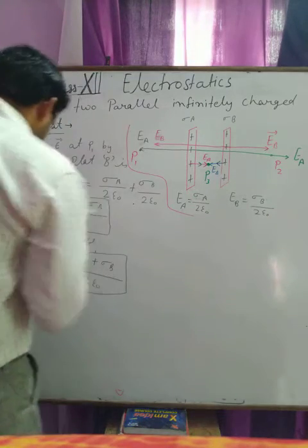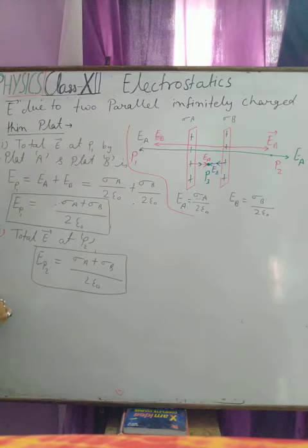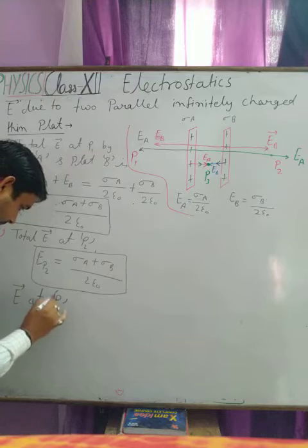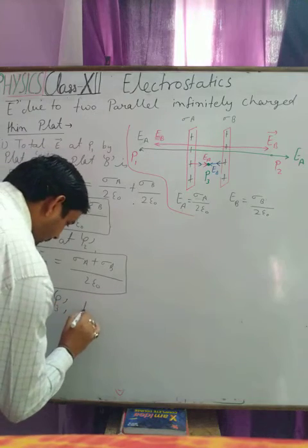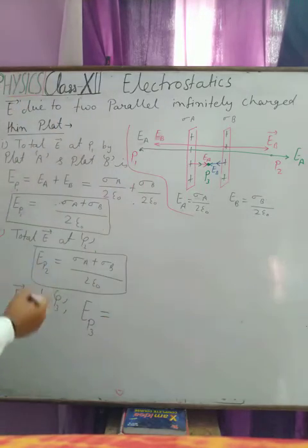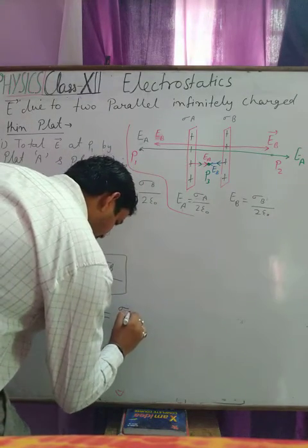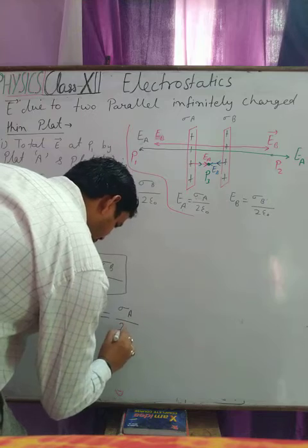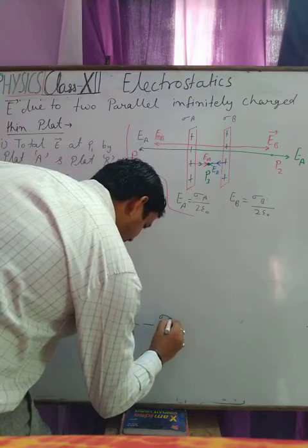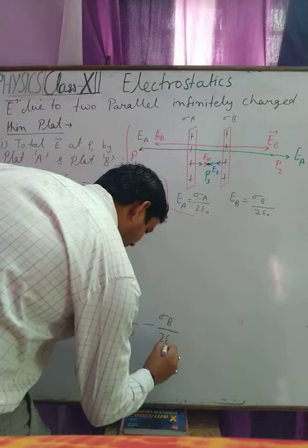So in the third case, the electric field at P3, E_P3, is equal to sigma A upon 2 epsilon naught minus sigma B upon 2 epsilon naught.